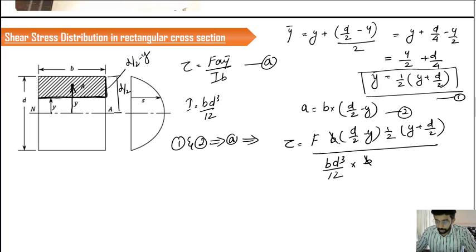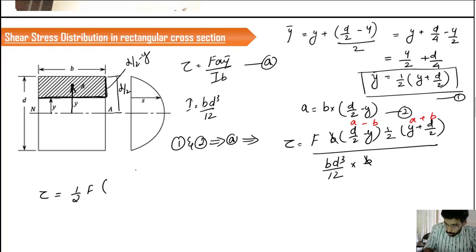This B and this B will get cancelled out, and what is left is tau is equal to 1 by 2 into F into, if we look here, this is of the form A minus B and this is A plus B. If we multiply A minus B by A plus B, it is going to be A square minus B square.